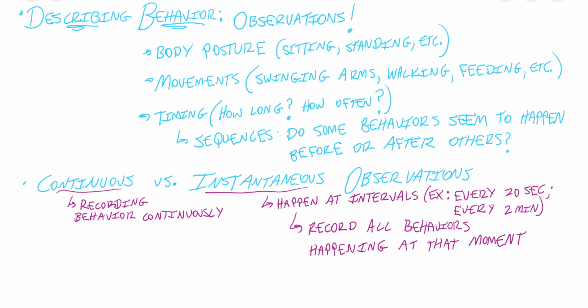When your timer goes off again, once again, you record every behavior you see at that moment. Right? So while in continuous data recording, you are always recording new behaviors as they happen. In instantaneous recording of behaviors, you are ignoring the vast majority of the time that's passing and instead only recording data at these specific intervals.